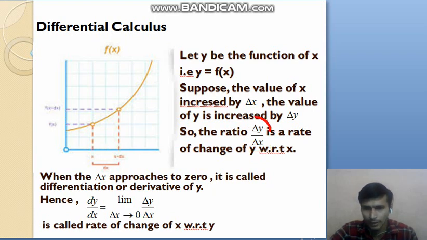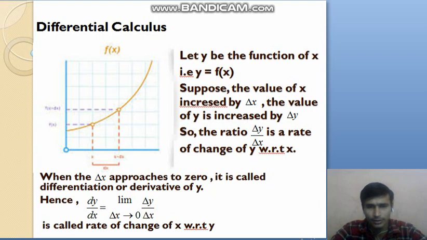The ratio we calculated, delta y by delta x, is the rate of change of y with respect to x. It is also considered as a slope, right? The slope of the graph is delta y divided by delta x.